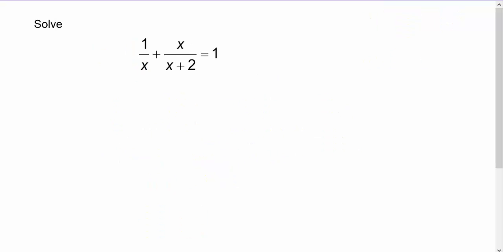All right, so now we've got a rational expression, or we have a binomial and a monomial down here, neither of which have anything in common, again, because of this plus. So I have to, again, multiply everything in the problem by the denominator that's the lowest in common in both sides, which would be an x and an x plus 2.